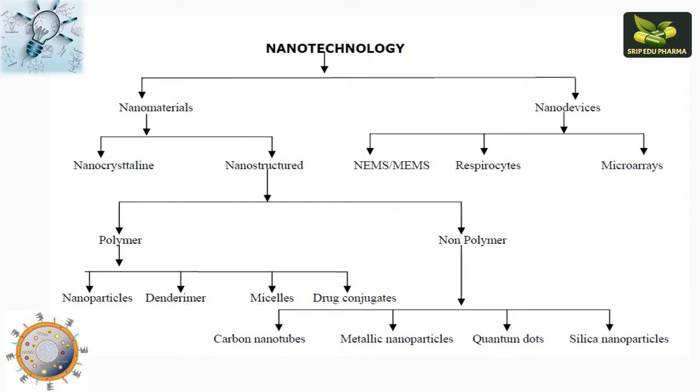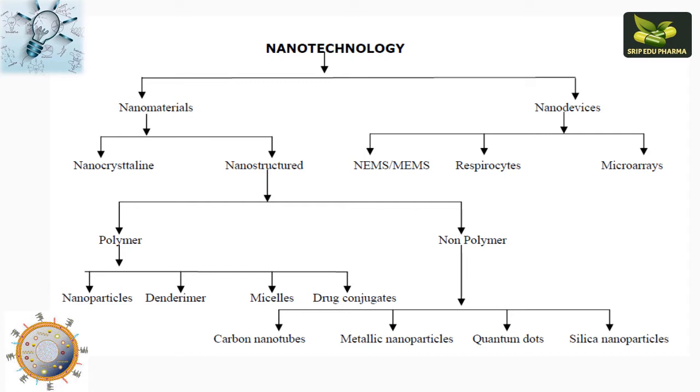These are the techniques or devices which are very helpful in diagnosing different diseases and for evaluation of the extent of disease, while nanomaterial consists of two subcategories, that is nanocrystalline and nanostructured. Nanostructured is further divided into polymer and non-polymer. When we talk about polymers, the different types of vesicular system consist of nanoparticles, dendrimers, micelles and drug conjugates.